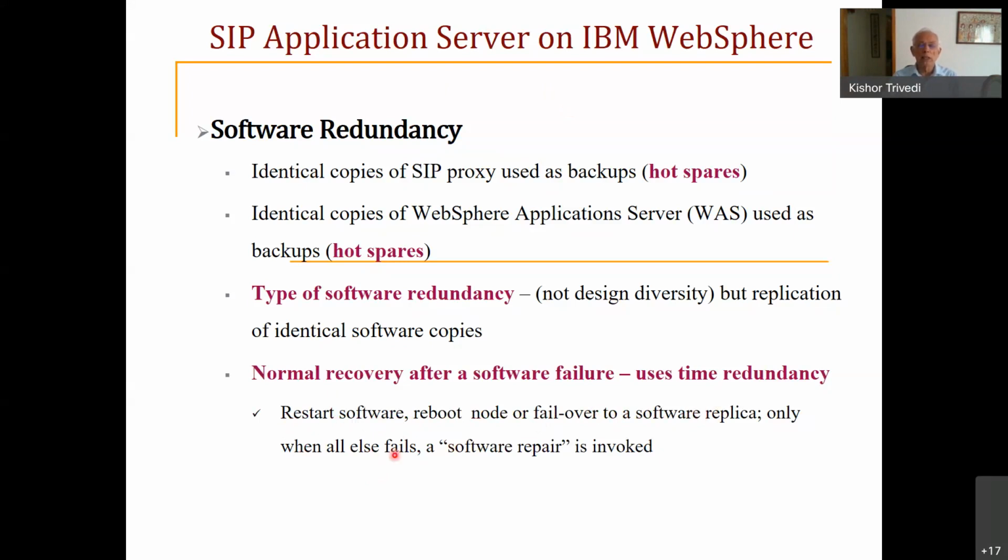Only when all else fails, a software repair is invoked. So this is very different from what the literature tells you. Time redundancy and replication of identical copies is used for redundancy for software failures also.